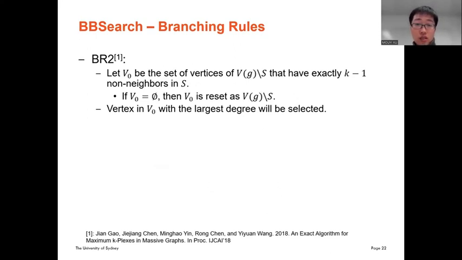This set is defined as all the vertices with exactly k minus 1 non-neighbors in S. And if we can't find any such vertices, then we'll use all the vertices that are not included in S as this set of vertices.